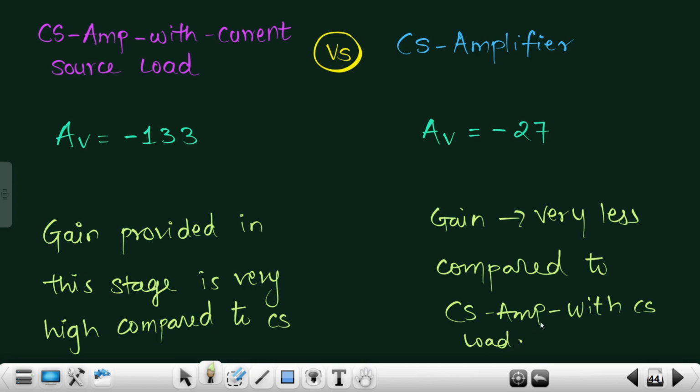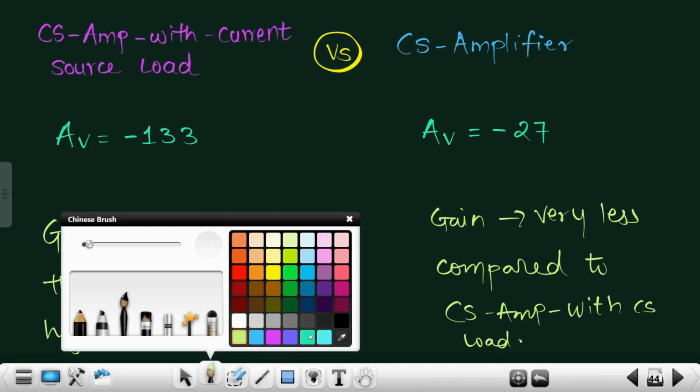I'm just writing it in short form. So these are the points that we saw over here.